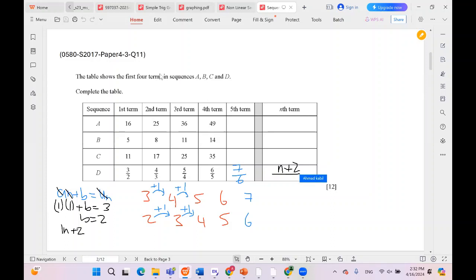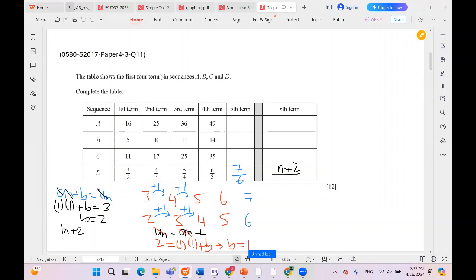And then for the denominator, you have 2, 3, 4, 5. Again, un equals an plus b. You can put in un the 2 equals, and here the difference is 1, and n is 1 as well, plus b. So b equals 2 minus 1, which is 1.